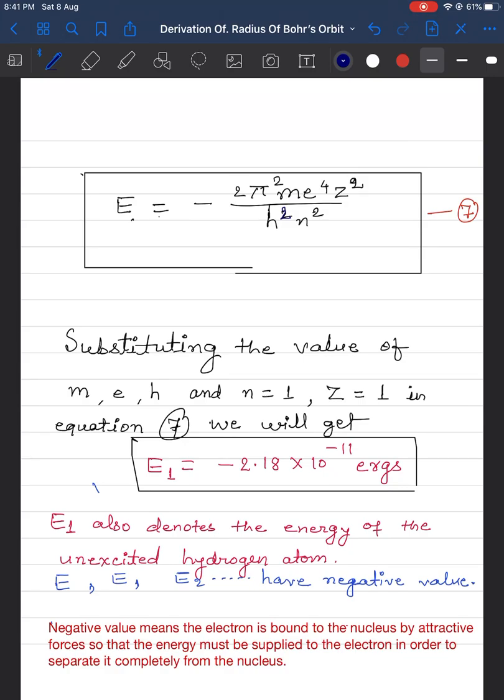That means negative. Thus, the energy of the electron in an atom is negative as compared to the energy of a free electron. The innermost stationary orbit, that is n is equal to 1, has the most negative value, and this state is called the ground state.